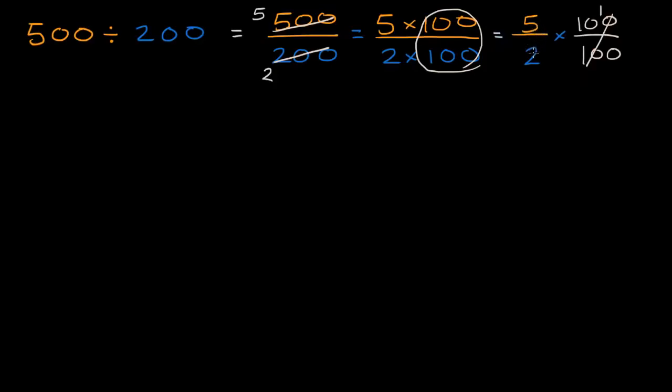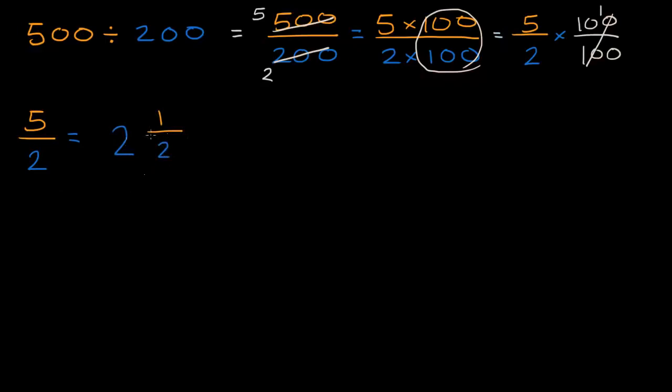But can we express this as a decimal? Well, we can rewrite 5 halves as a mixed number. So 5 halves is going to be equal to, well, how many times does 2 go into 5? Well, it goes 2 times, and then you have 1 half left over. So this is going to be 2 and 1 half.